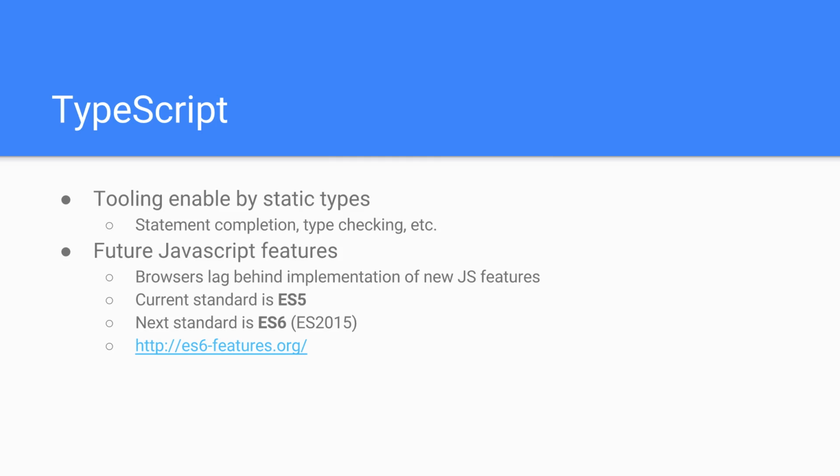But we can use TypeScript and then transpile it back down to the current spec, and we can use all these nice features. Eventually, when the browsers catch up, we can just switch the compile target to the next spec and it'll work perfectly fine. And we can keep using even further ahead things from ES 2016 and 17 as soon as they get implemented in TypeScript, which is super useful.